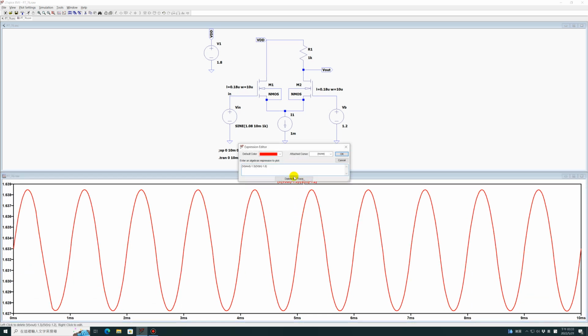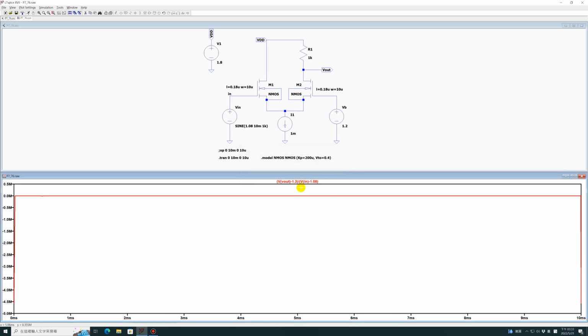Here I'll do, oops, sorry. 1.08. Vin minus 1.08, and the Vout is, sorry, obviously it's wrong.